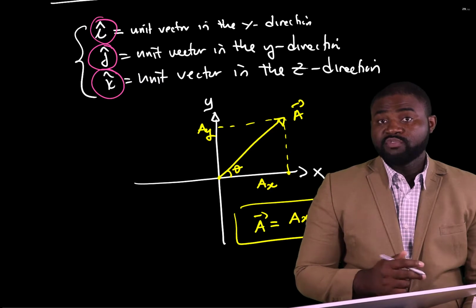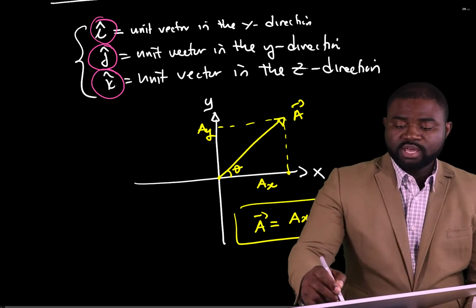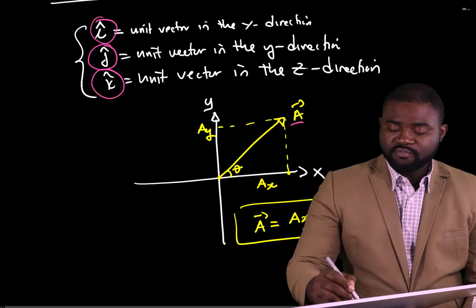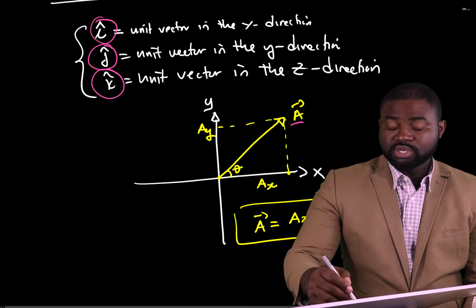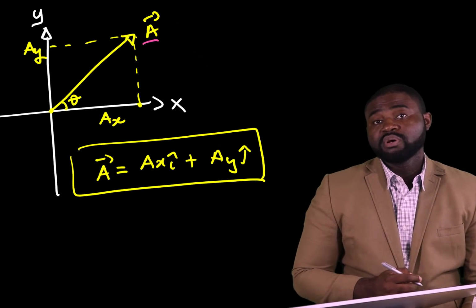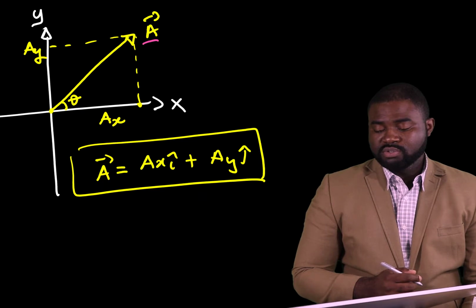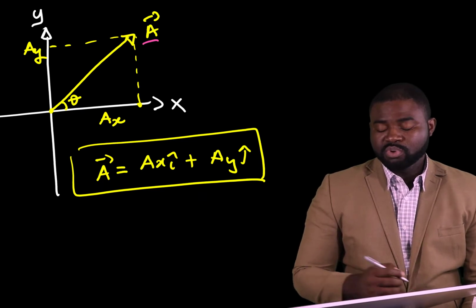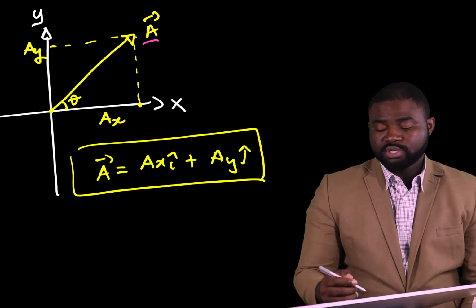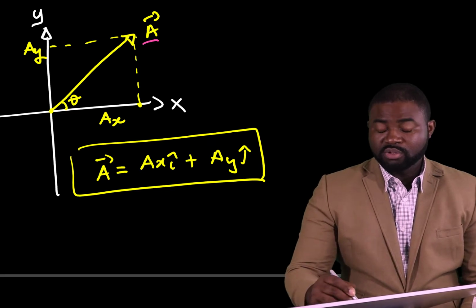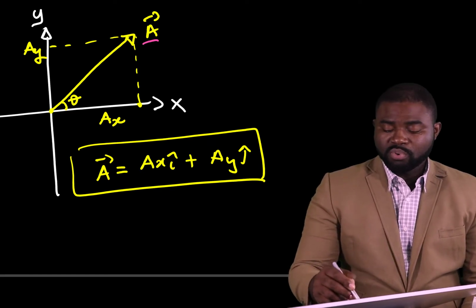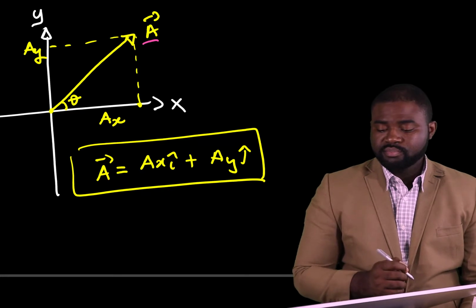Now, generally, if you have any vector, let's say vector A, located in the first quadrant as shown in this diagram, it means that we can resolve or decompose vector A into 2 components. You have the component along the x direction and the component along the y direction.